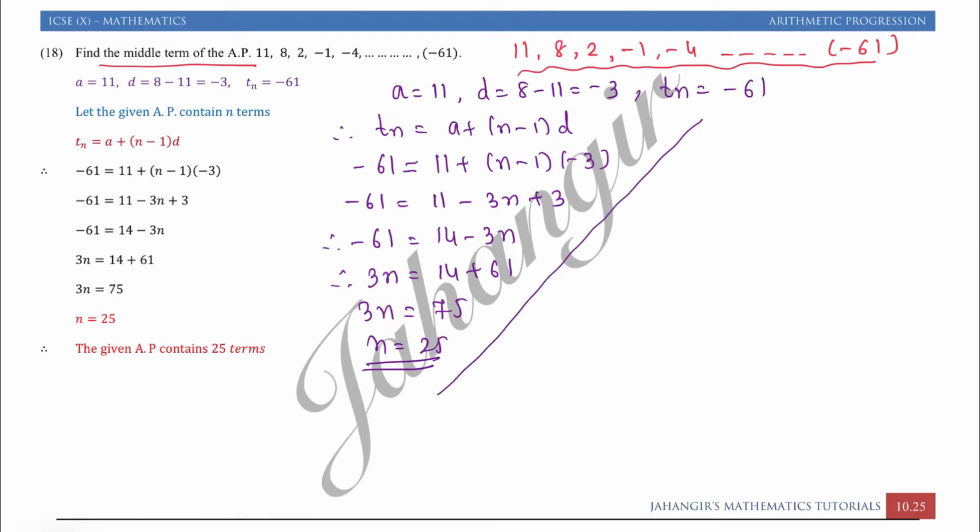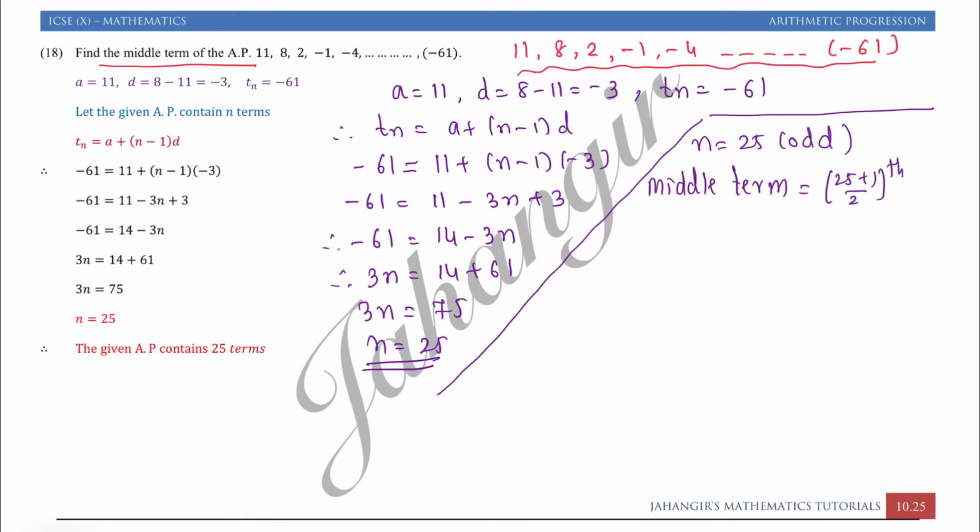So if there are 25 terms in a sequence, 25 we say is odd. Middle term means median. So therefore I can say the middle term is what? For odd we had learnt its formula is (25 plus 1) upon 2 th term. So therefore the middle term is the 13th term. We have to find the middle term, so therefore I will find the 13th term.